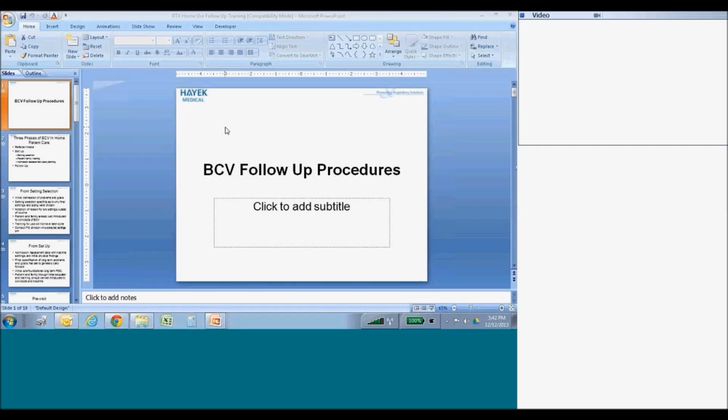We'll basically cover entering settings and applying the seal and assembling the equipment on the machine. It's really not complex, but it's the final element of your training. So the 4 modules: introduction, setup, setting selection, follow-up, and the competency. And once all those things are completed, you're a fully fledged per diem clinician with Hayek Medical and Personal Support.